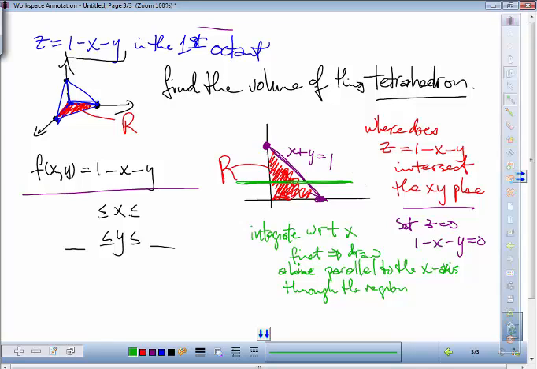And what I need you to do is identify what function you are piercing to get into the region. This is an x function, so x is equal to some function that goes into the region.